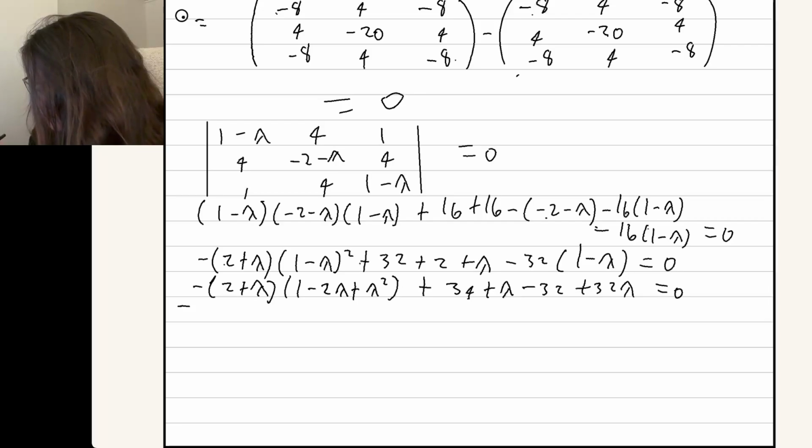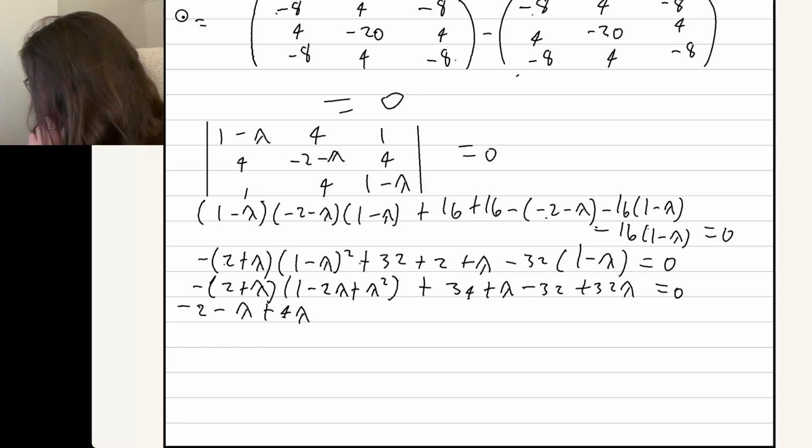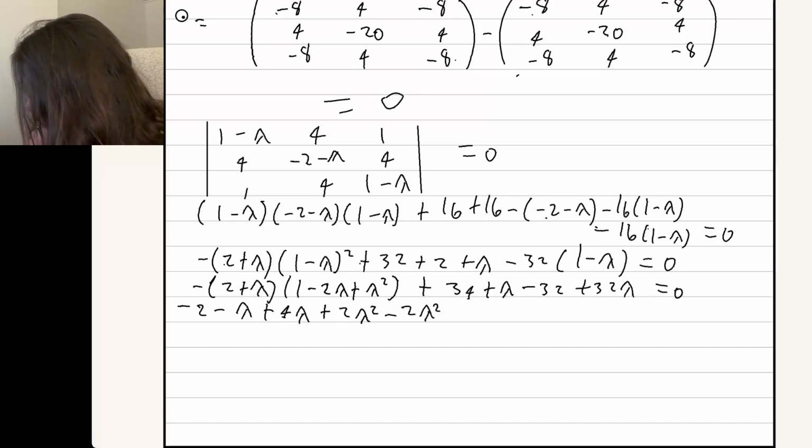And then we can multiply those two parentheses terms together to get minus 2 minus lambda, or actually plus 4 lambda plus 2 lambda squared minus 2 lambda squared minus lambda cubed. And then on the outside of that, we just do 34 minus 32, which gives you 2.